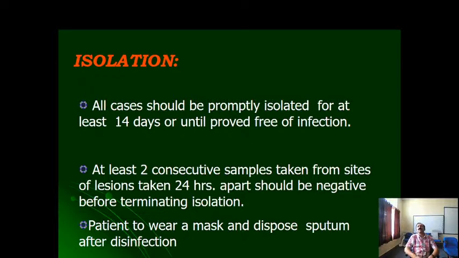So we have to ensure that 2 consecutive samples 24 hours apart are negative. And if you are going to culture it on Loeffler's, it is going to take another 24 to 48 hours, and that's the reason why it will take a few days for the person to be declared free.